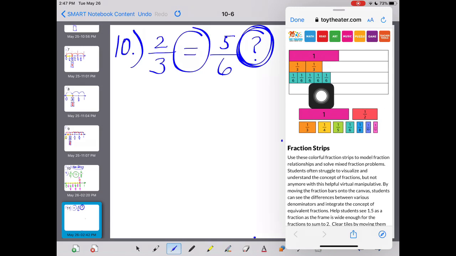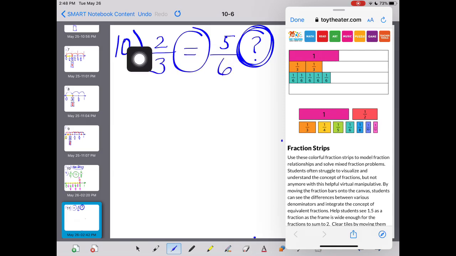5/6 went way further. Now some of you may be saying, wait a minute, I thought you said that the smaller the denominator, the bigger the piece, so therefore shouldn't this be a bigger fraction? Well, you're right. The smaller the denominator, the bigger the piece. Look at how big 1/3 is compared to 1/6. Okay? But you also need to pay attention to the numerator.